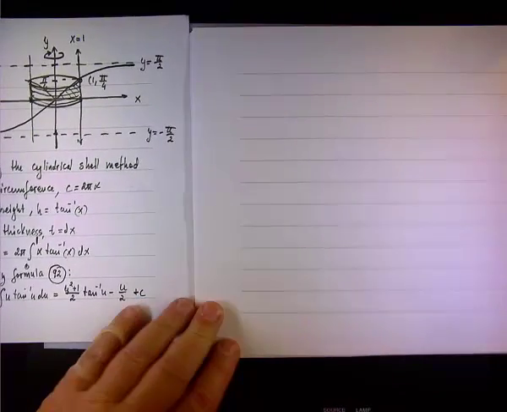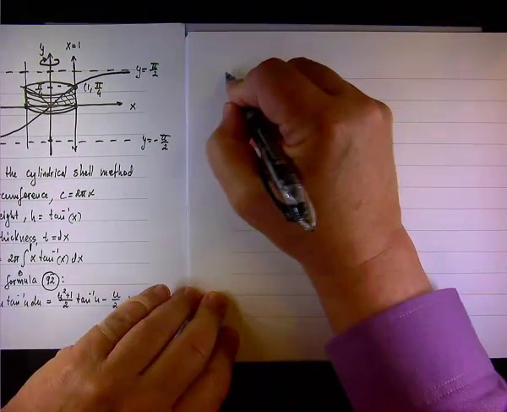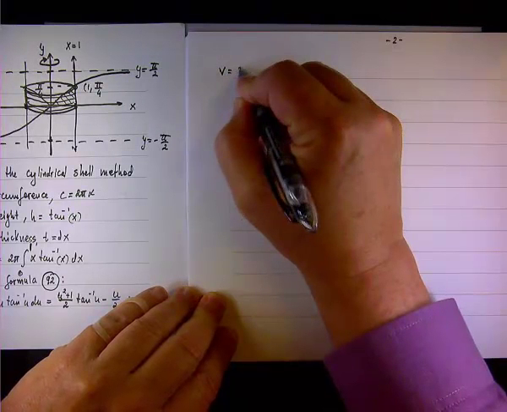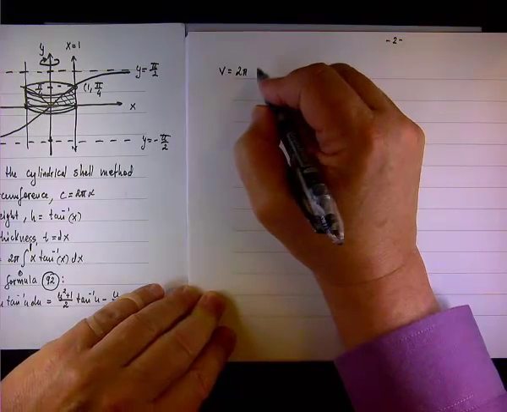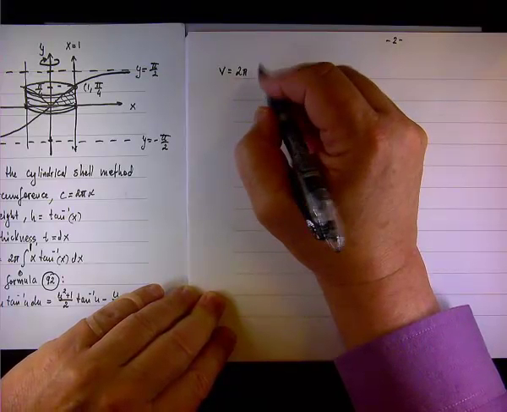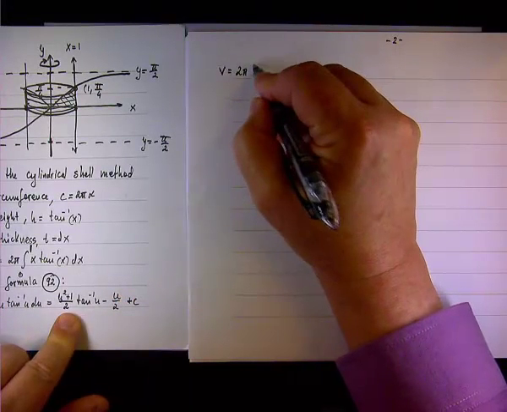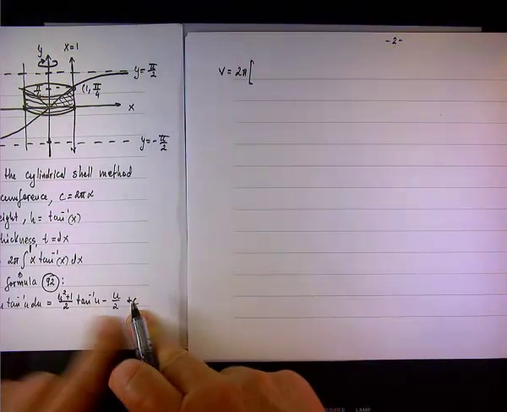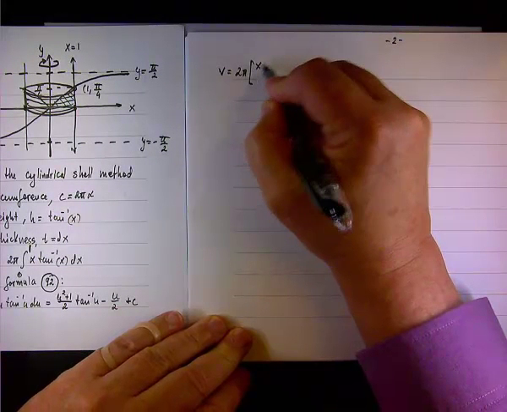So by this, actually, I can write it at the bottom here, as we are done. No, actually, it's a definite integral, so I need to do more. So in our case, we're going to say that v is 2 pi, the integral.